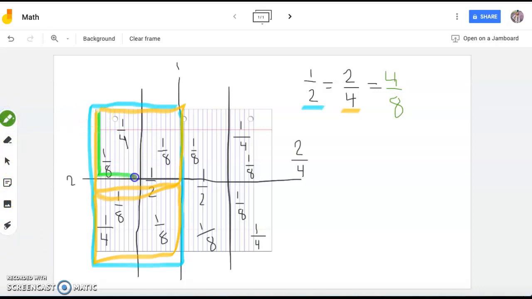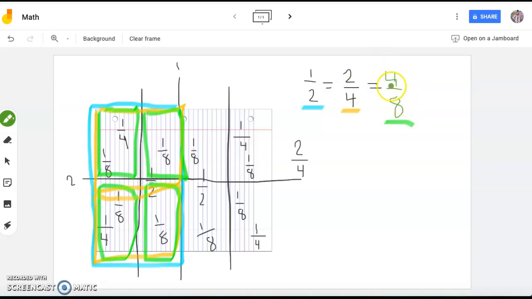We got this one here, 1, 2, 3, and 4. Are they not all the same? Yeah. Okay, it doesn't matter if you eat 1/2 of the cake, 2/4 of the cake, or 4/8 of the cake, you're still eating the same amount.